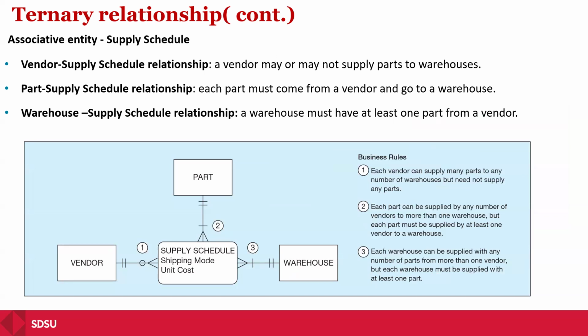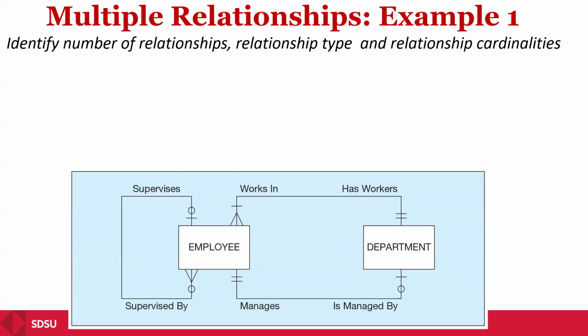Right, and here's an example of a ternary relationship. I'm not going to spend much time here. You can read details on who does what in these relationships, and here's an example of business rules. I'm going to skip this slide and go to another example.